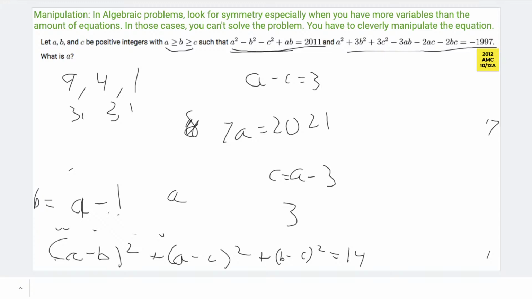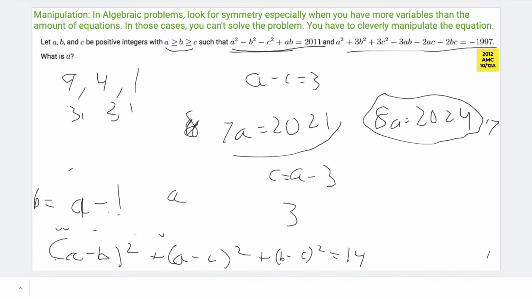And if you try the other case, you get 8a equals 2024. We're skimming through the computation because we have to go through other concepts. We're dealing with integers, and 8a equals 2024 brings in a equals 253. So that's our answer.